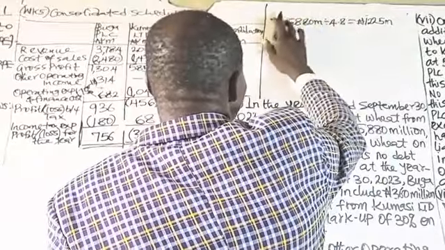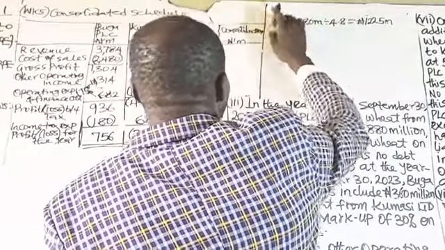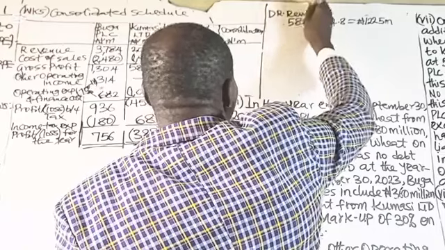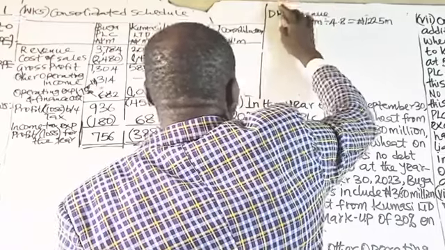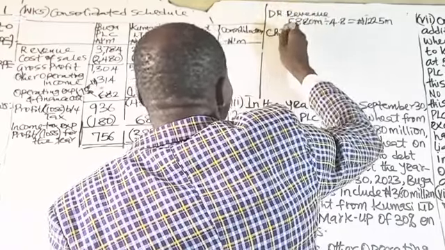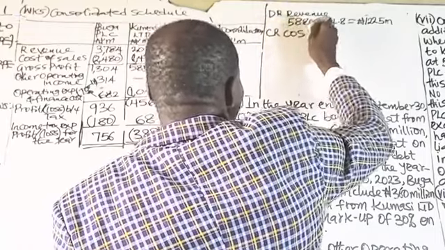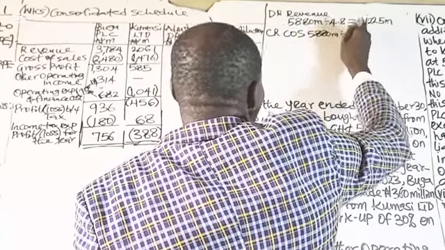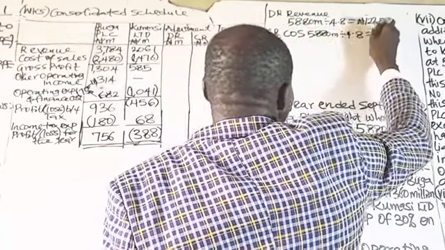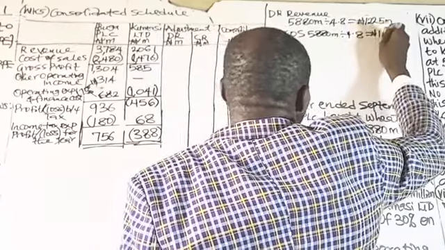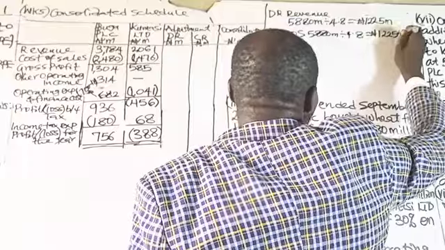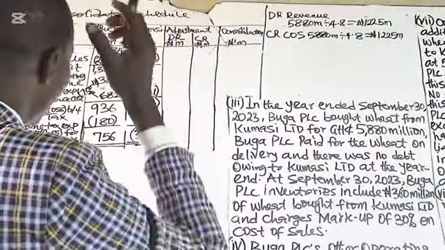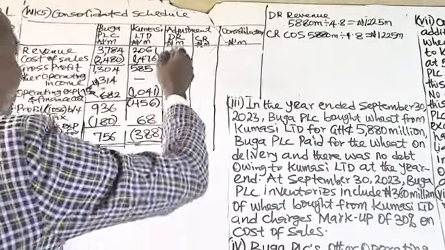So we debit revenue, credit cost of sales. 5880 divided by 4.8 gives us 1,225 M. So under the adjusted column, we debit revenue.